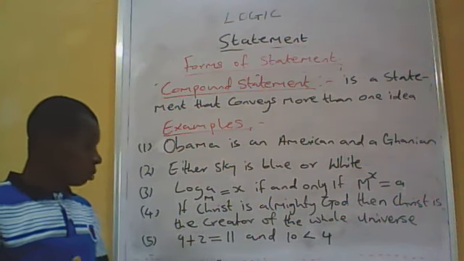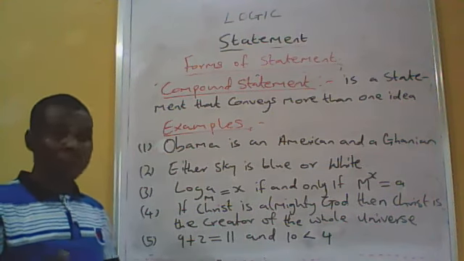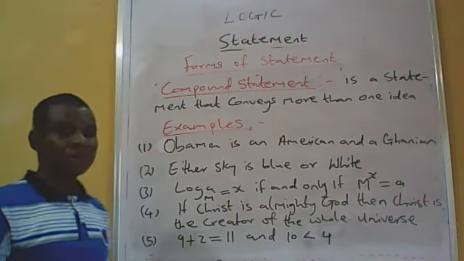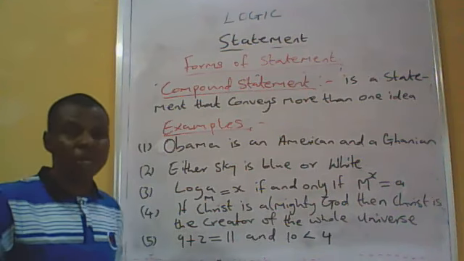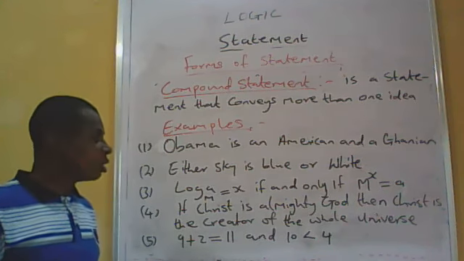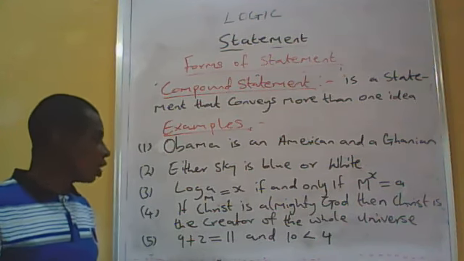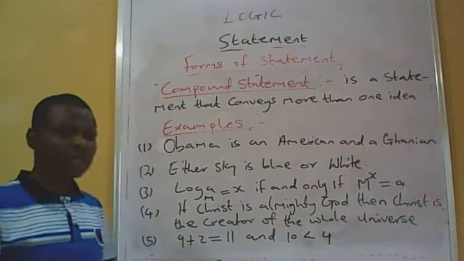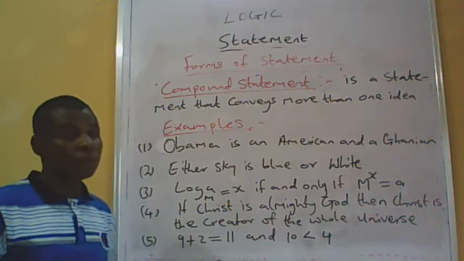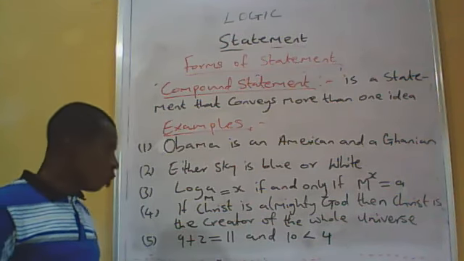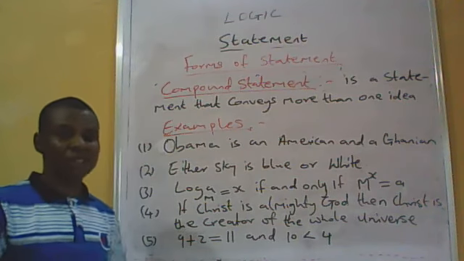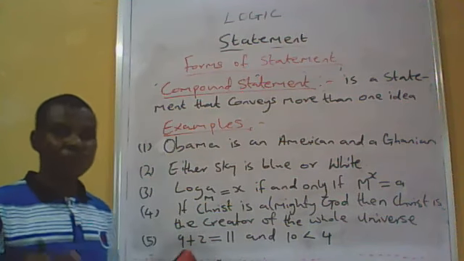Is it true that Christ is Almighty God? Then, is it true that Christ is the creator of the whole universe? It's possible that it can be, although we know that Christ is Almighty God as well as the creator of the whole universe.